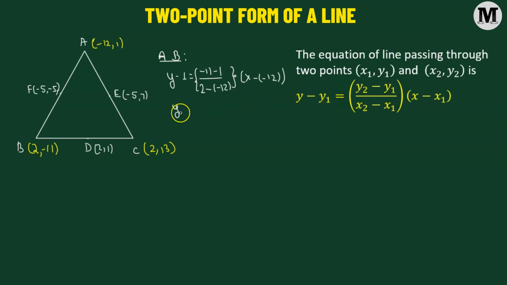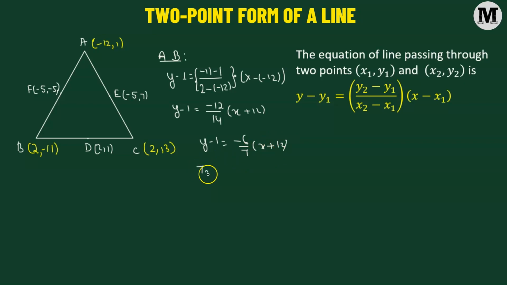So let's simplify. We get y minus 1 equals negative 12 divided by, so 2 minus negative 12 will be positive 14, multiplied by x plus 12, which gives us y minus 1 equals negative 6 over 7 times x plus 12.